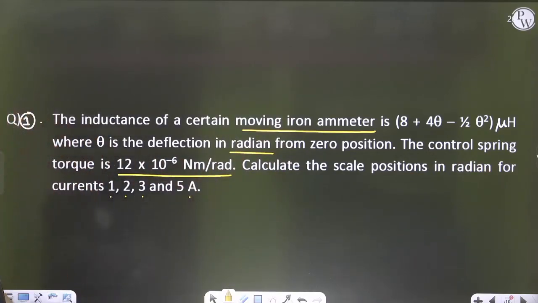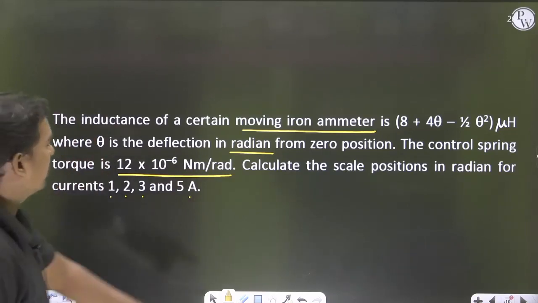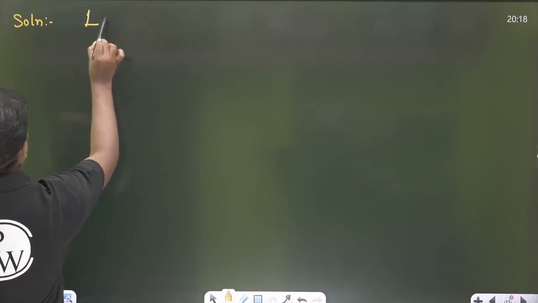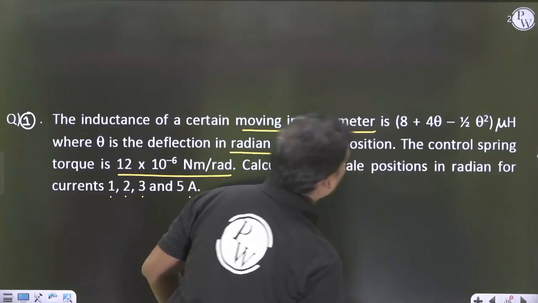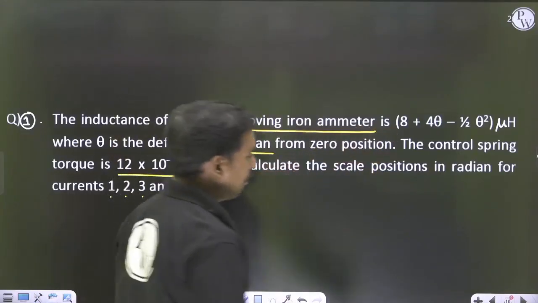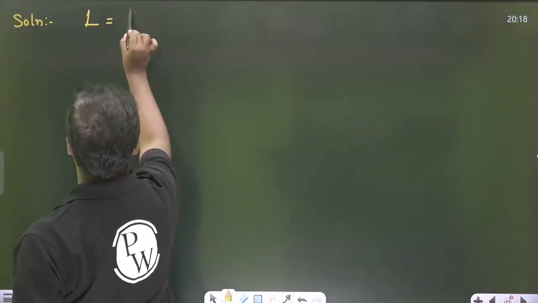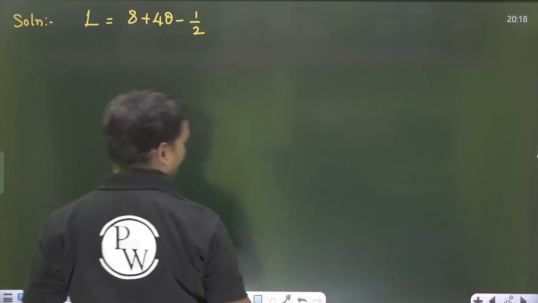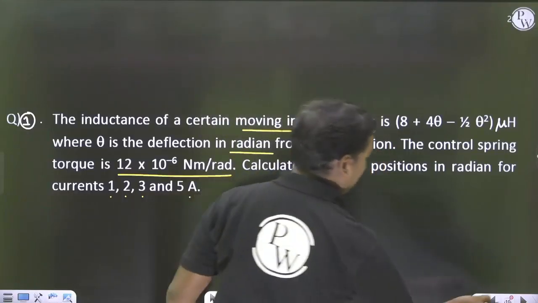So how to solve this question? First let me take the data. The inductance L is given as 8 plus 4 theta minus half theta square microhenry.